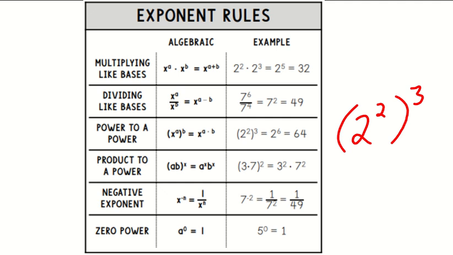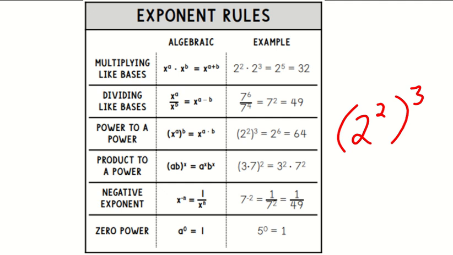So that becomes 2 to the 6th power. We don't do this one as much, but if they have multiplication inside the parentheses, like 2 bases in there, that exponent goes to both of the numbers inside the parentheses. You see that a little bit more with Math 1, not as much with 8th grade math.